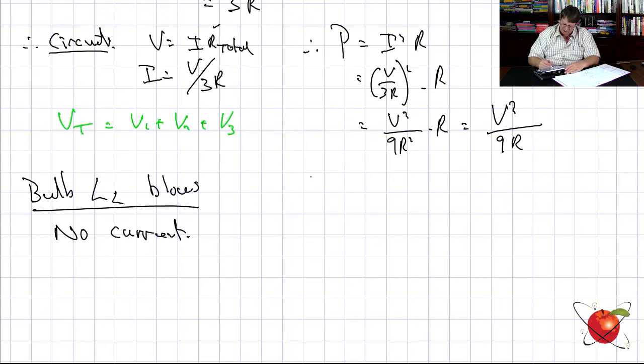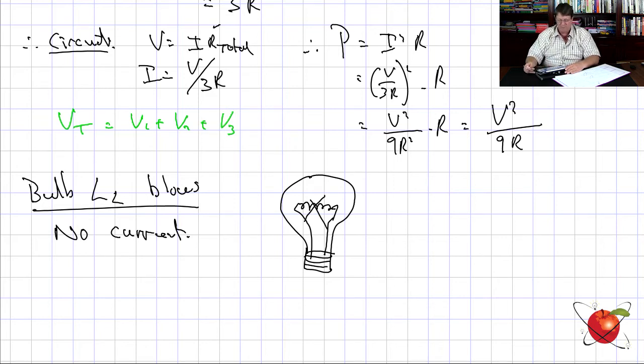Why not? Because a bulb looks like this. I'm not an artist, I've said that before. Let's say it's the screw-in type, it goes up there, and you've got your little filament across there. When it blows, that wire breaks, which means the electrons can't flow. If the electrons can't flow through lamp 2, they can't flow through 1 or 3. There's no circuit.